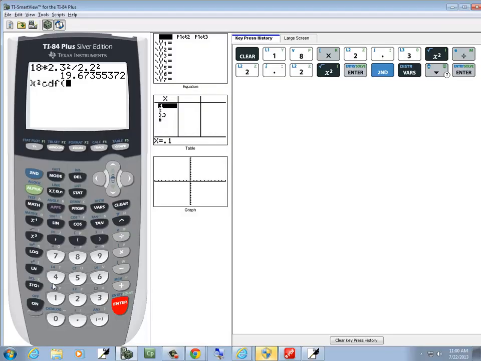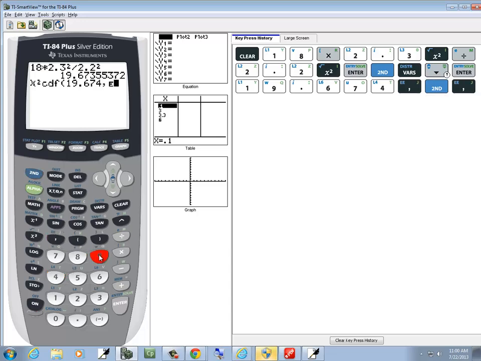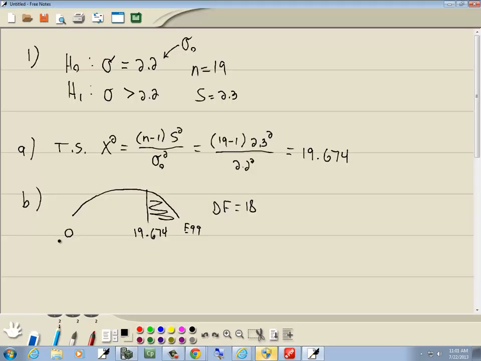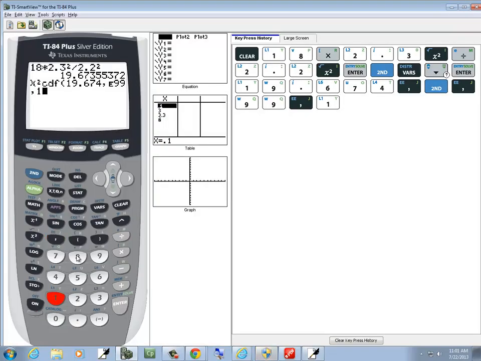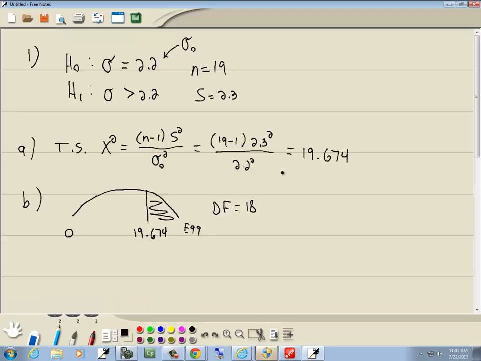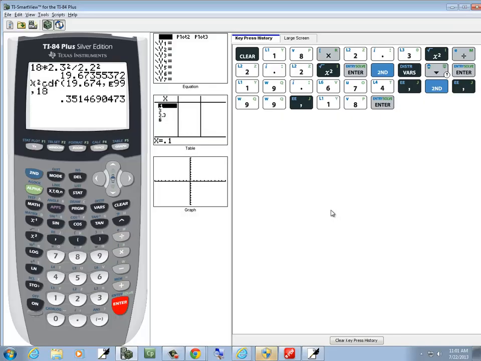And do 19.674 comma E99, so I do second comma 99 comma our degree of freedom, which would be 18. Enter. So then our p-value for there would be 0.3515.